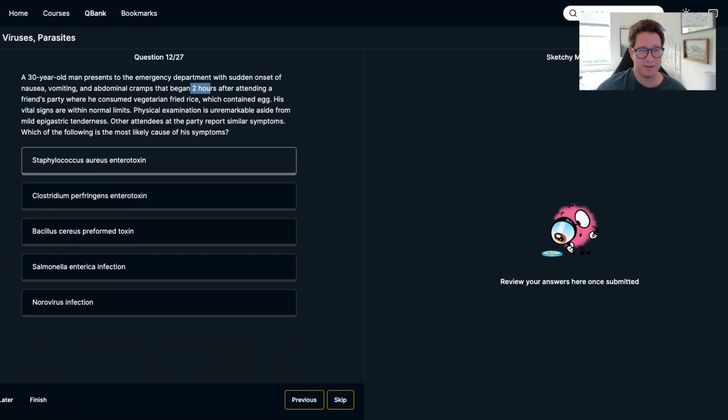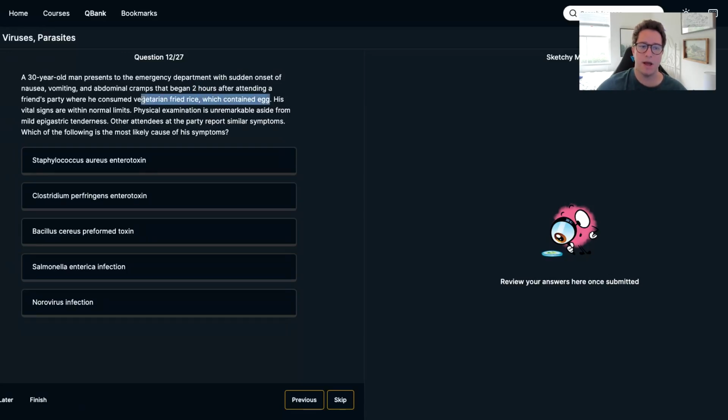So now it kind of comes down to what they ate. Staph aureus food poisoning is typically meats and dairy products. So like you have a nasty salad sitting out that has some dairy product mixed into it that sits out in the warm for too long. That's more Staph aureus. Bacillus cereus has something called reheated rice syndrome.